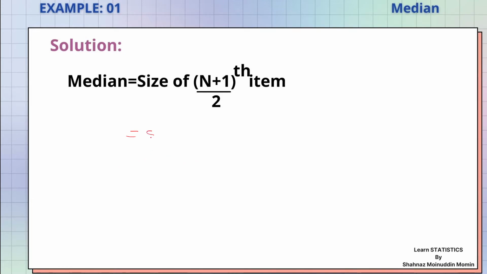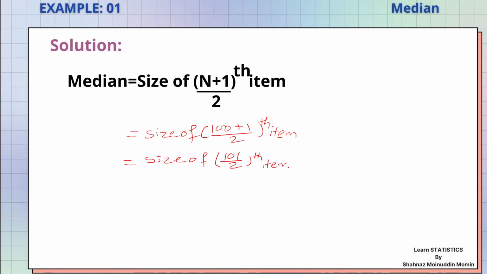Size of (100 plus 1) upon 2th atom, and it comes out to be size of 101 upon 2 atom, which is equal to size of 50.5 atom.